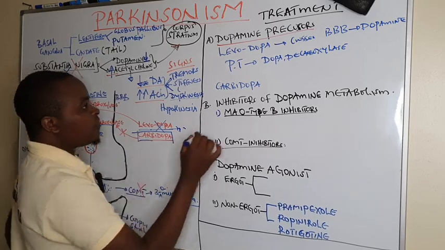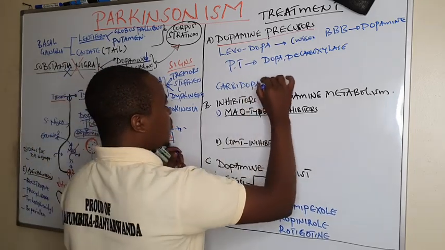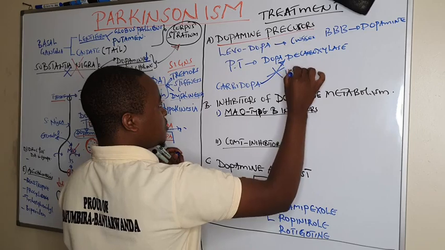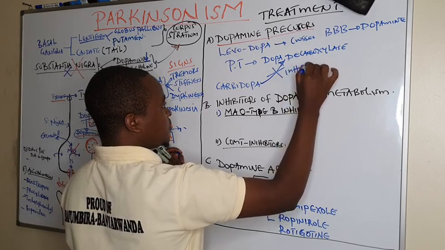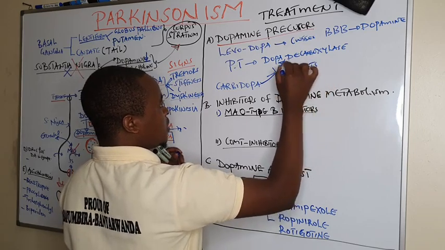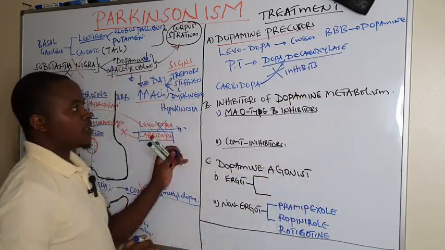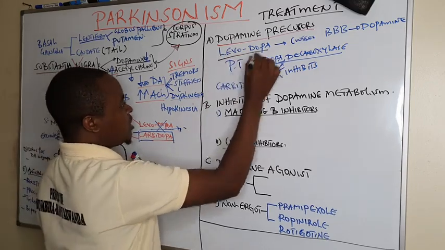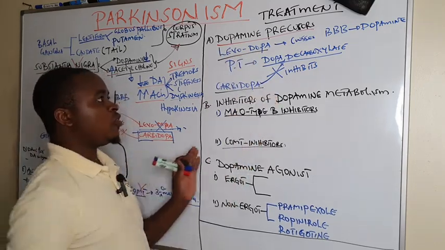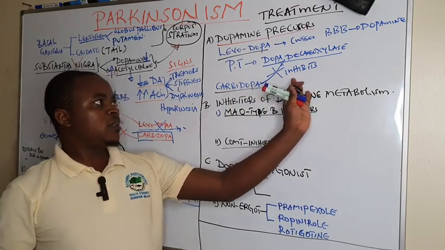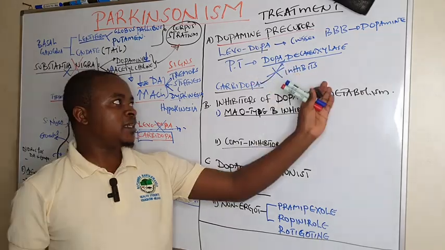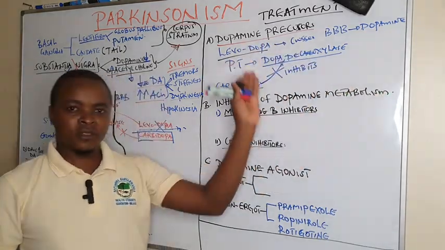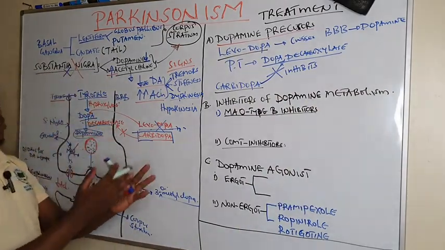Carbidopa, for its mechanism of action, acts by inhibiting dopa decarboxylase. So when we give levodopa in combination with carbidopa, we increase the bioavailability to the site, increasing the levodopa reaching the CNS to increase dopamine levels.